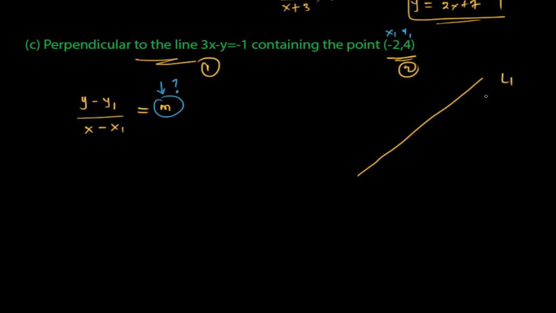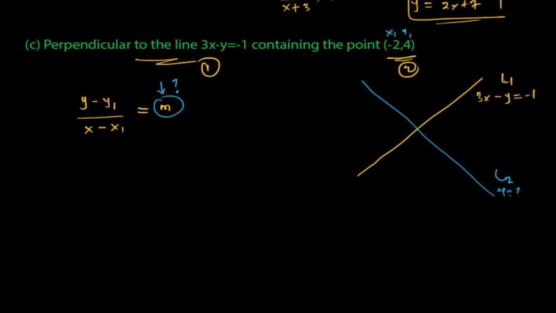Let's assume L1 has the equation 3x minus y equals -1. The line we want to find is perpendicular to this line here. The equation of that line we do not know.